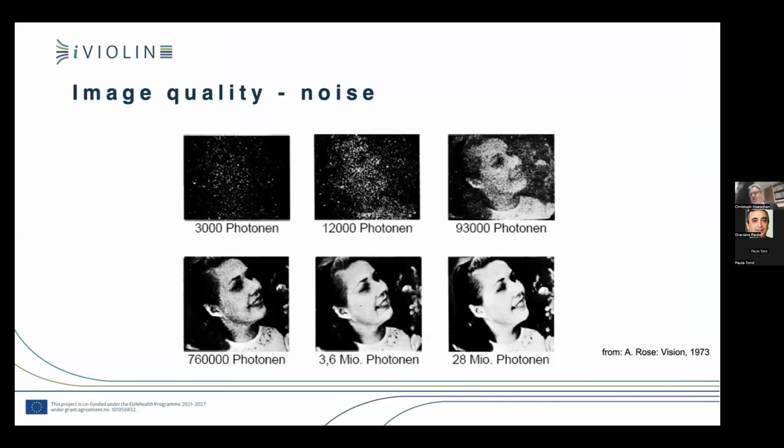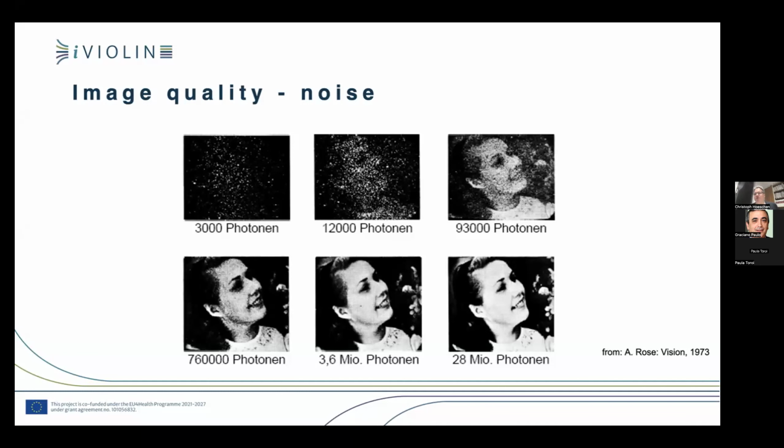Now let's come to the point why I said noise is really important. And this is directly related to the appropriateness of an image. So what you see here is, again, an image, but not an image from the medical field, but from the field of photography, actually. And that was in a book by Albert Rose from 1973.